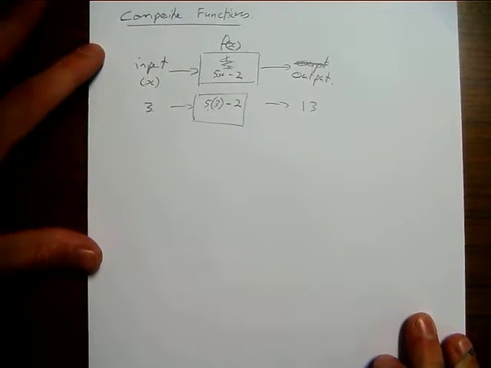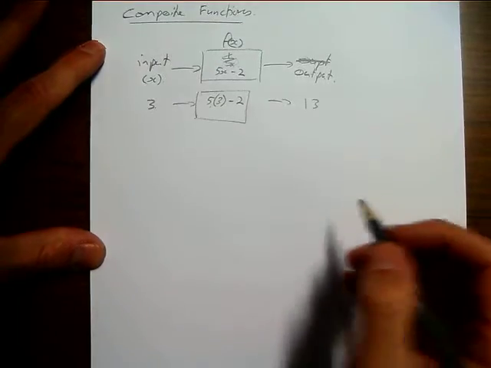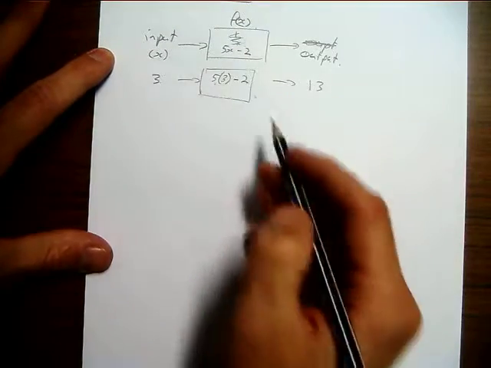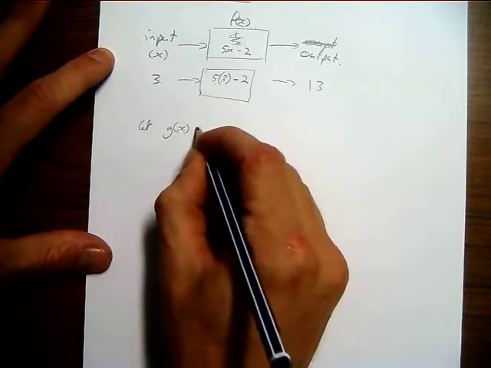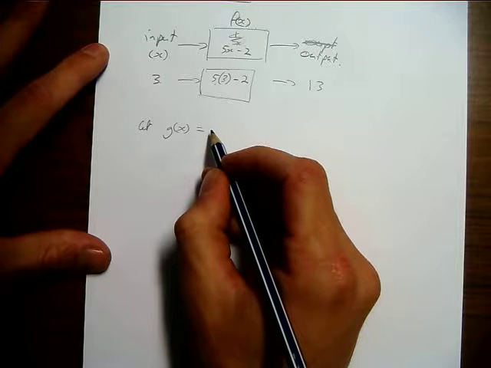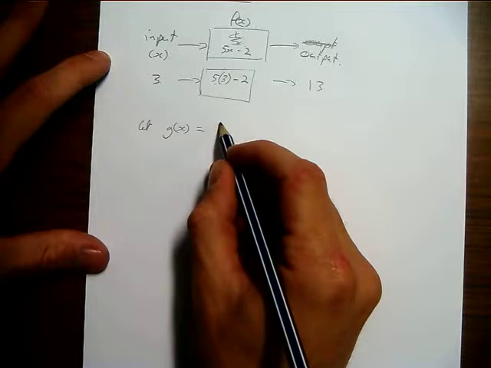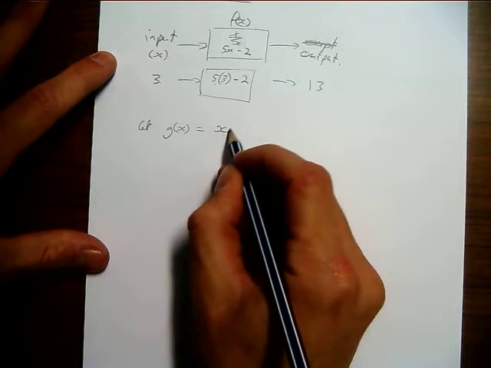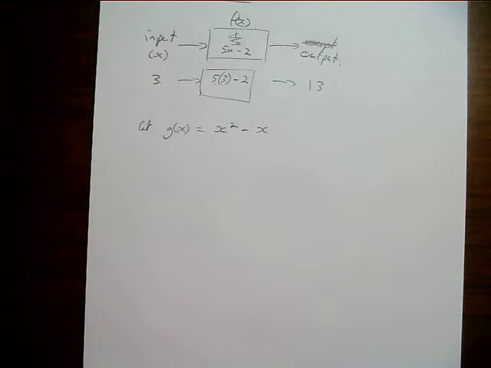Now, what would happen if I did this? Let's say we have another function, so we'll keep f of x, and let g of x equal x squared take x.